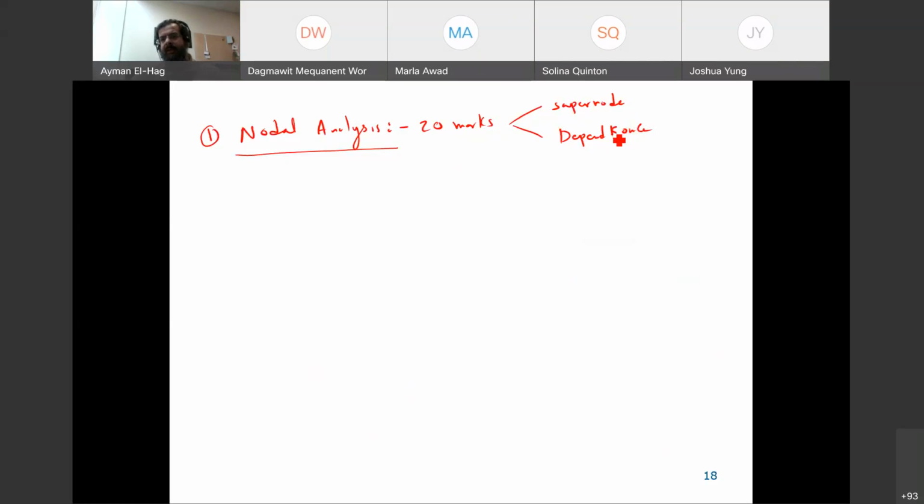So it's either this or that. It's random, so it depends which one you will get. It's either a supernode or a dependent source. Then the second question is KCL, KVL, and this is also 20 marks.